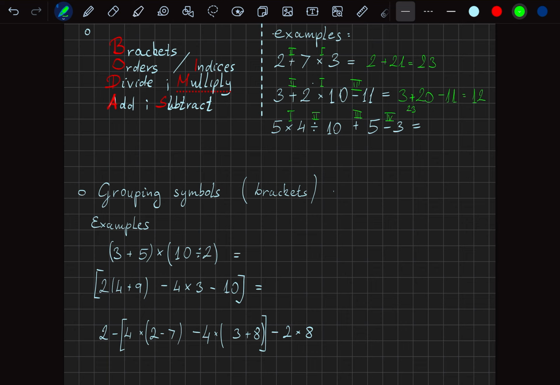So 5 times 4, it's 20, divided by 10, plus 5 minus 3, and it's equal 2 plus 3 plus 5 minus 3.